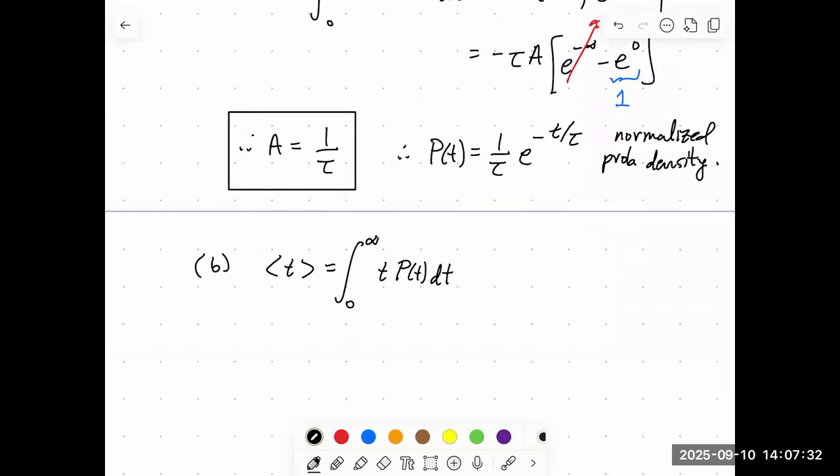Okay, so we just worked out our normalization constant, so we'll use that. We'll get a 1 over tau coming outside the integral, 0 to infinity, t e to the minus t over tau dt. All right. So how are we going to evaluate this integral? What's the technique we're going to use?